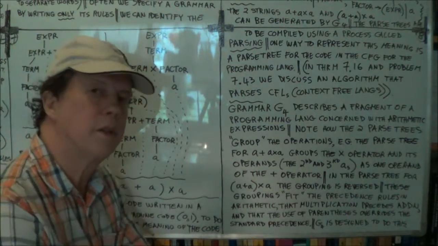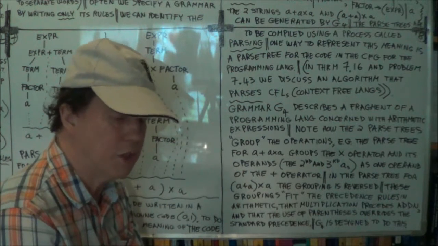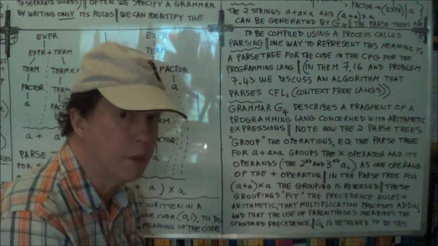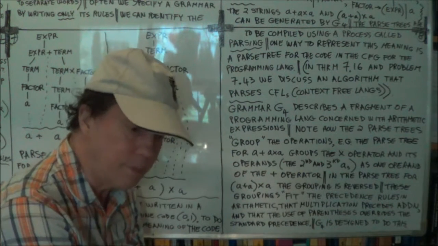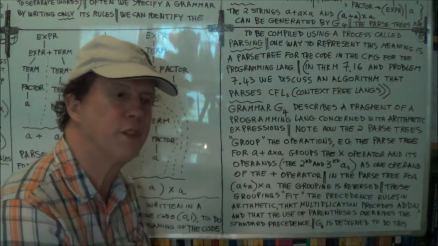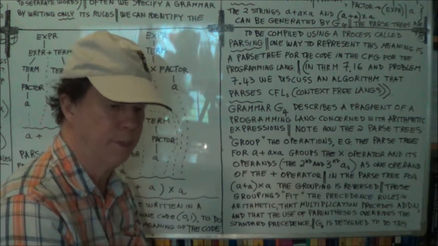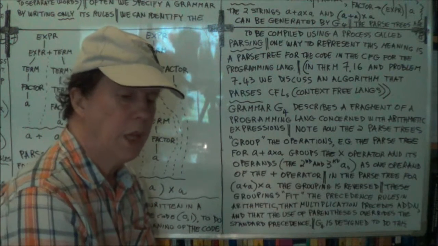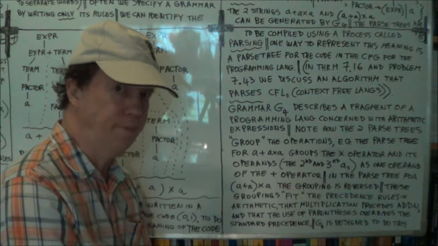Does that remind you of something we talked about a bit before? I'll give you a hint. The keyword is precedence. Remember precedence rules? Say you have an arithmetic expression, 2 plus 3 times 4.